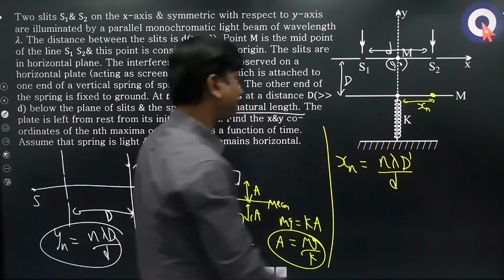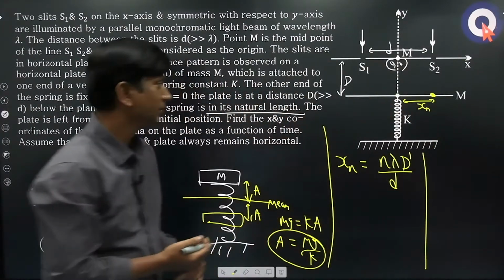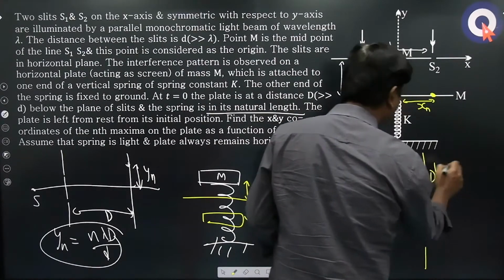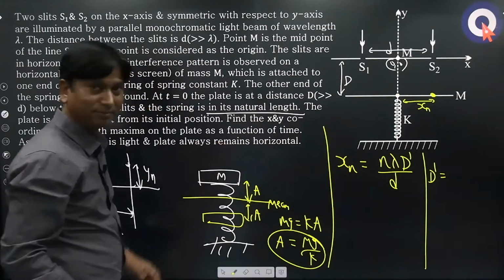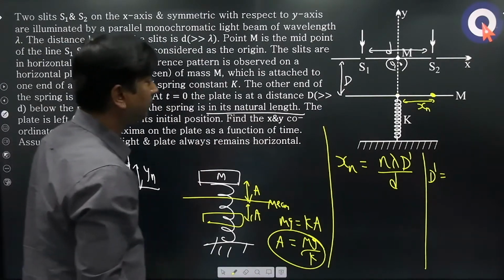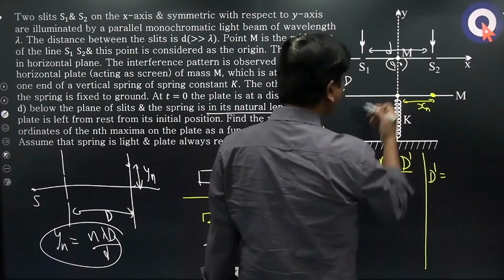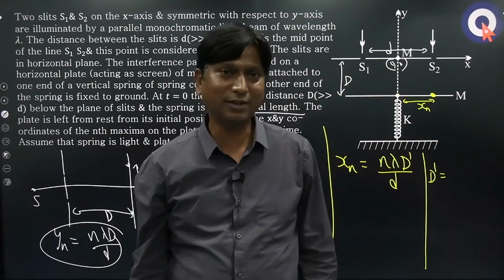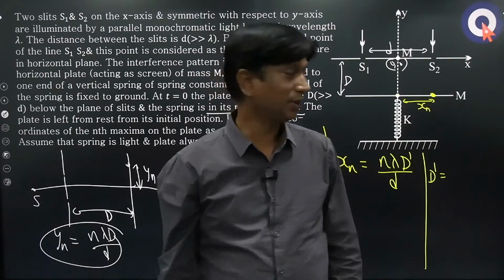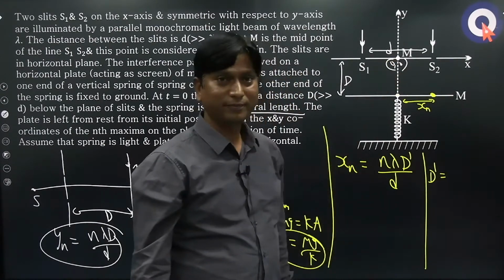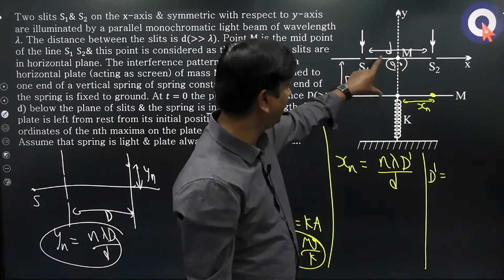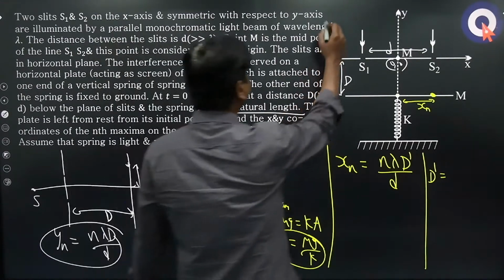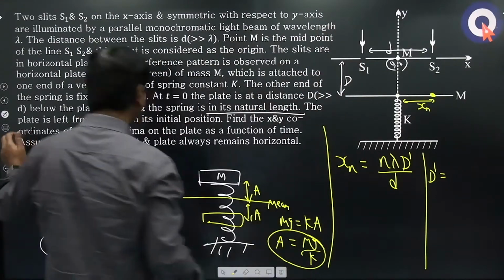So that we have to find. For that, what can we do? D prime. First of all, in SHM, whenever a particle is released from the extreme position, generally we will use x equal to a cos omega t, right or not? But actually you have to take the distance from here, so it is already D plus something. Whenever you take the equation x equal to a cos omega t, I would like to add a little bit of SHM.